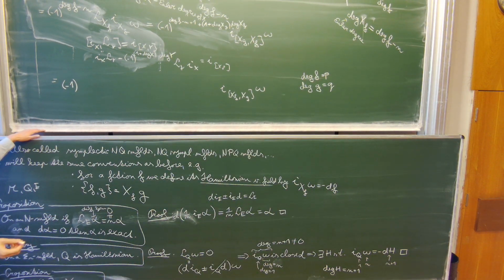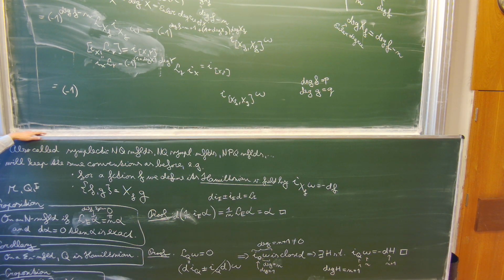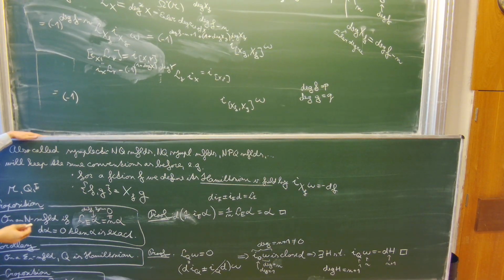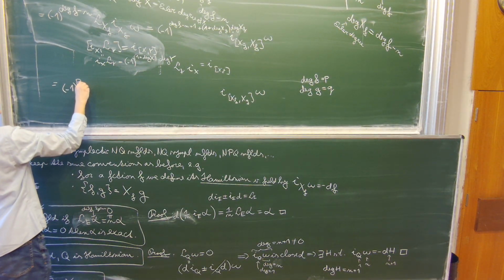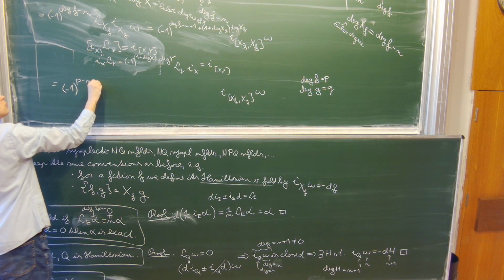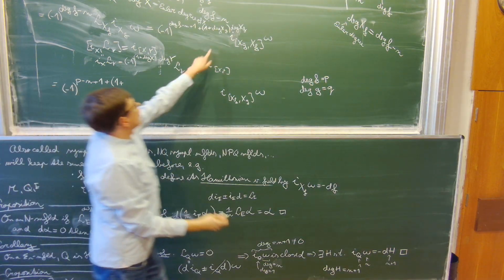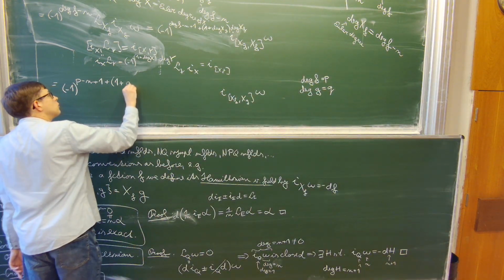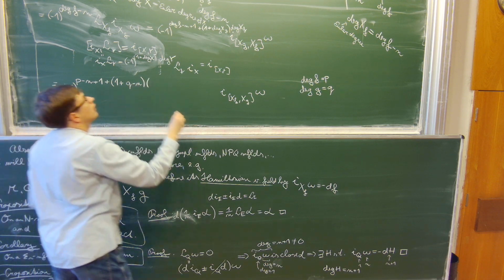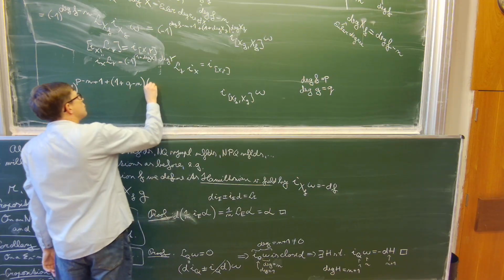Degree of omega is n. You need also degree of omega. That was n. Yeah. So we have p minus n plus 1 plus 1 plus, and what is the degree of xg? Same formula: q minus n times this guy, degree of xf, which is p minus n.